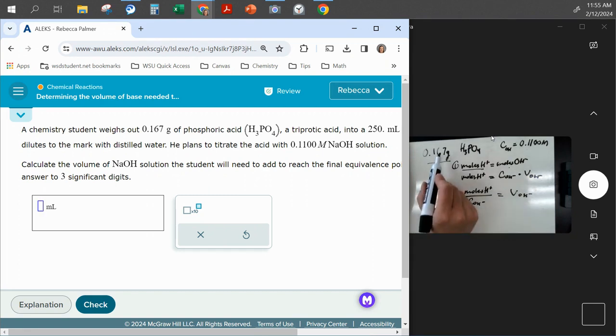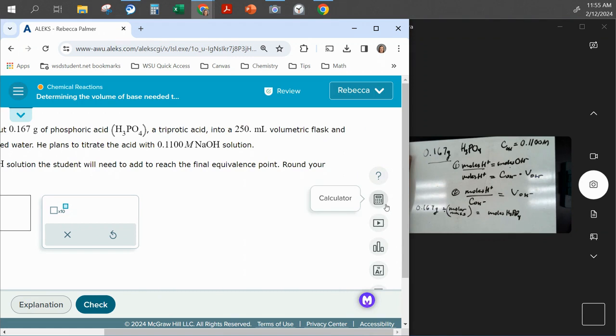Okay, so we have to figure out how many hydrogen ions this is going to make. So we're going to take our 0.167 grams and convert it to moles by dividing by the molar mass. And that's going to give us the moles of phosphoric acid. Okay, so let's do that on our calculator.